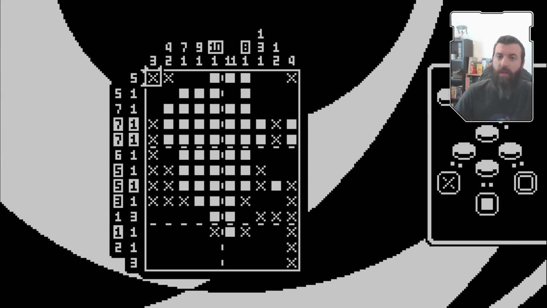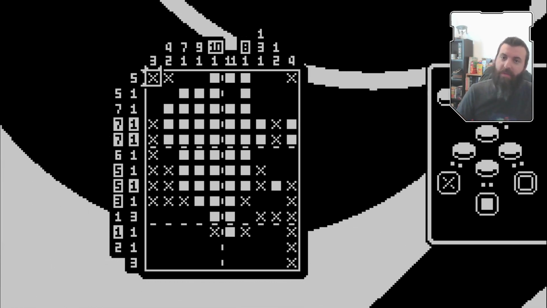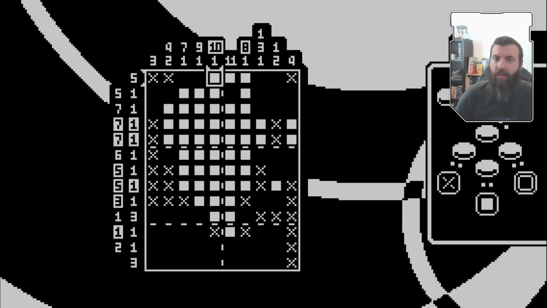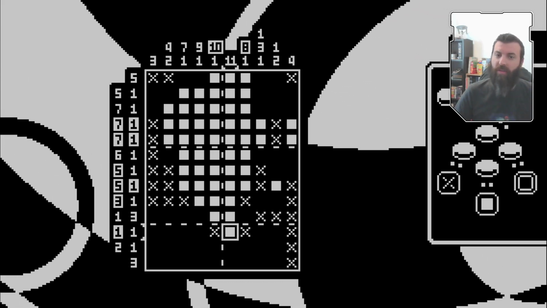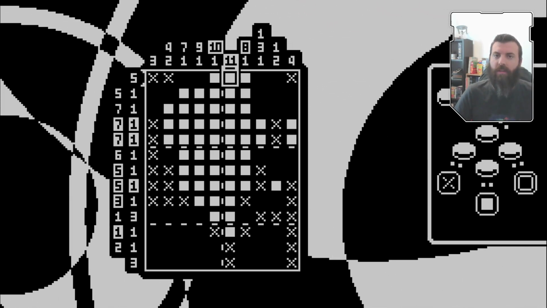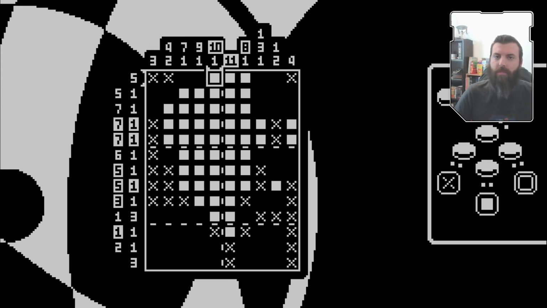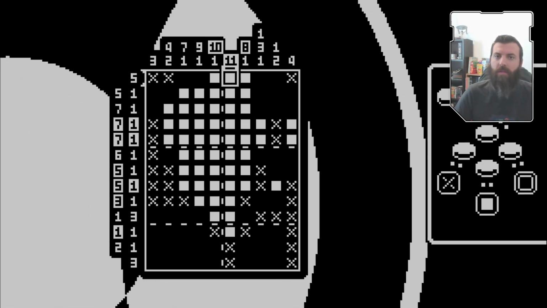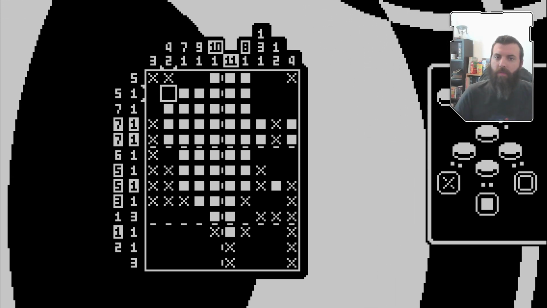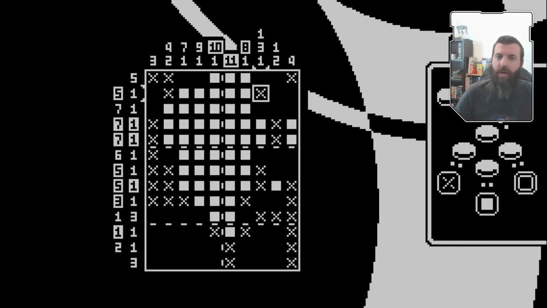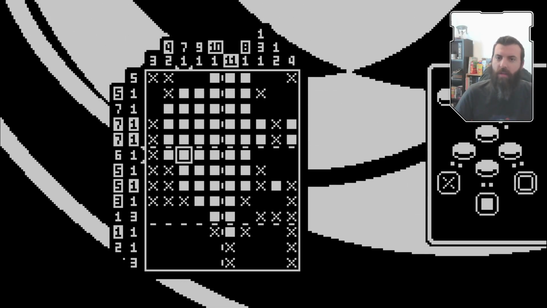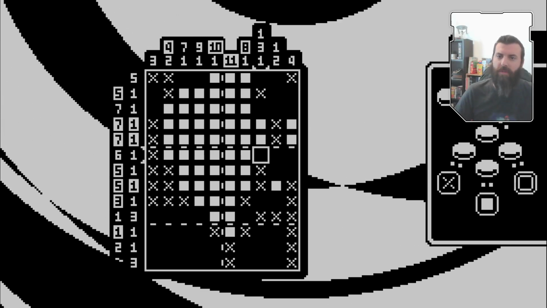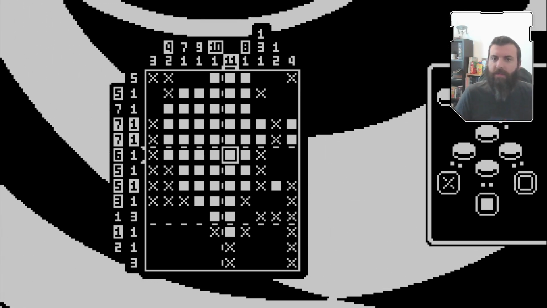It does mean that we can go ahead and rule this out horizontally. Rule this in as part of the 11. Actually, 11 also already completed our 5 here. Great. And that gives us an upper edge for our 4, which means 6 here.